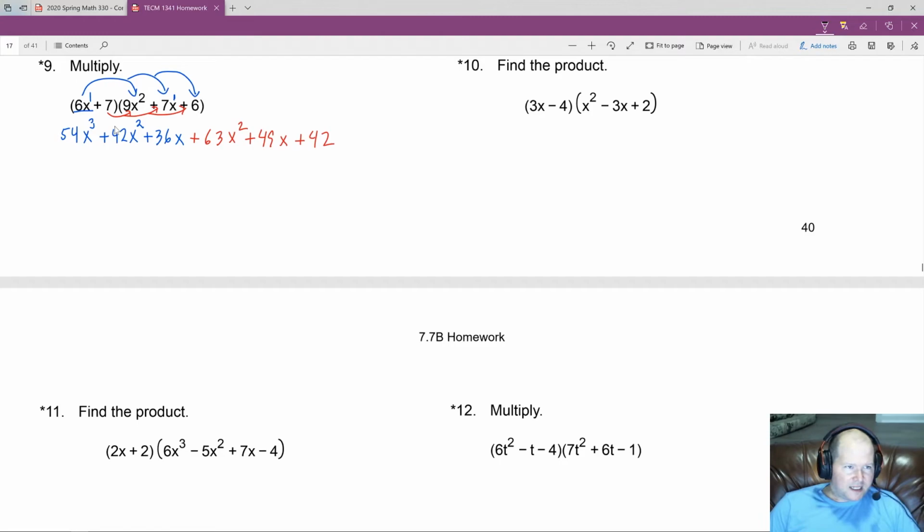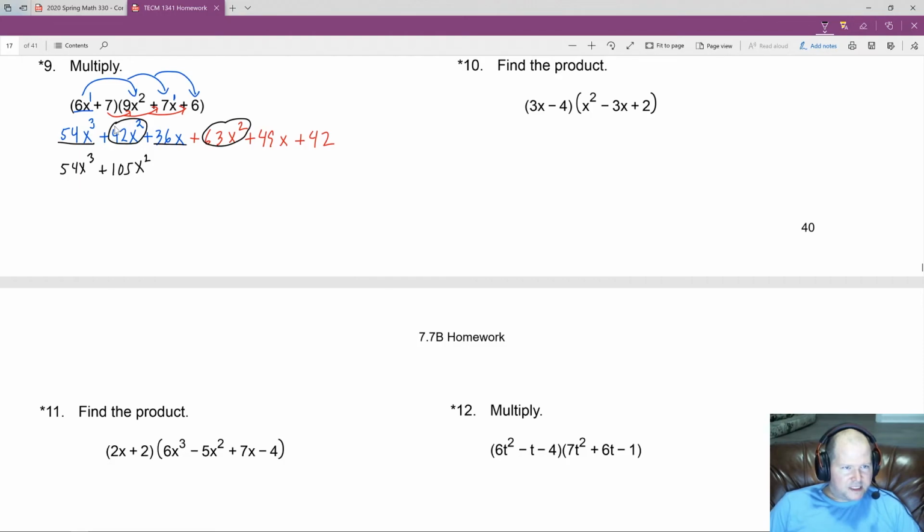Now you're going to combine like terms. The first term we have is 54x cubed. We don't see any other x cubes, so we don't have to combine that with anything. Next term we see are the squares. It looks like we have a square and another square, so we have a couple like terms there. So we have 42x squared plus 63x squared, which would give me 105x squared.